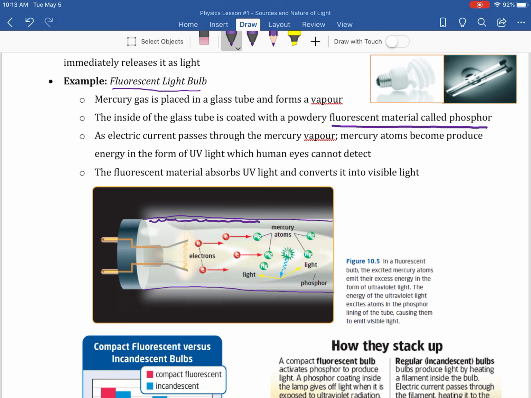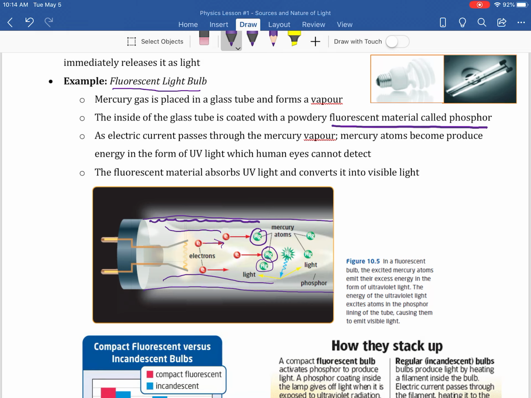Okay, so it's coated with this phosphor, and inside the tube, okay, we've got this mercury gas. And so mercury, when we pass an electrical current, so you'll see these lovely little electrons, we're going to pass electrical current, and just like the electrical discharge that I told you about, it's going to excite the valence electrons on that mercury atom.